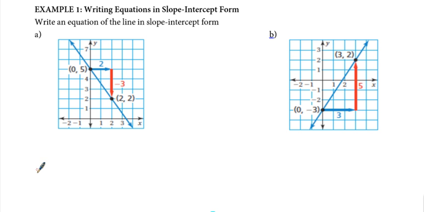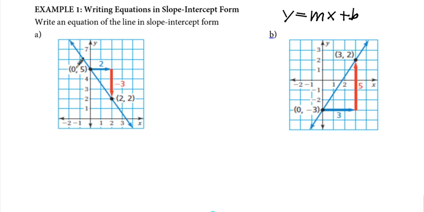Okay, so example number 1, writing equations in slope-intercept form. If you look at the letter A, we have to write an equation for this blue line in slope-intercept form. And we know that slope-intercept form, let's always start by writing the formula y equals mx plus b.